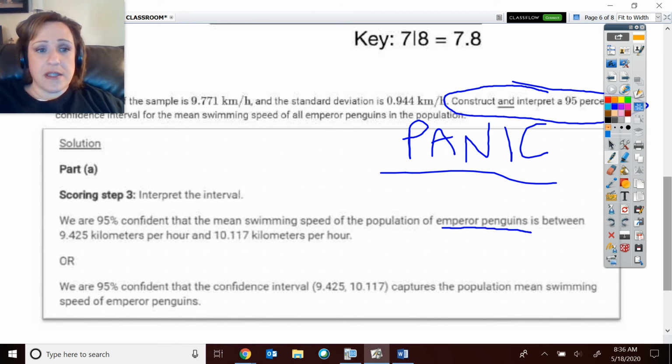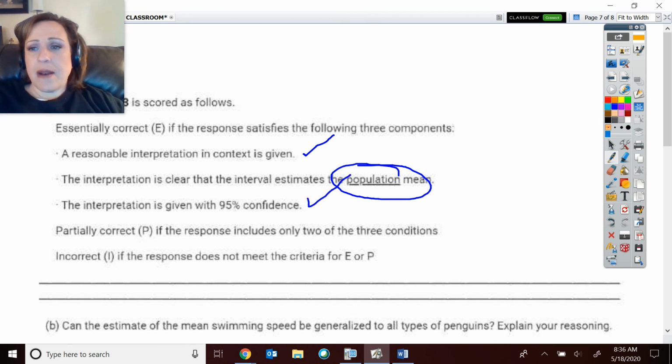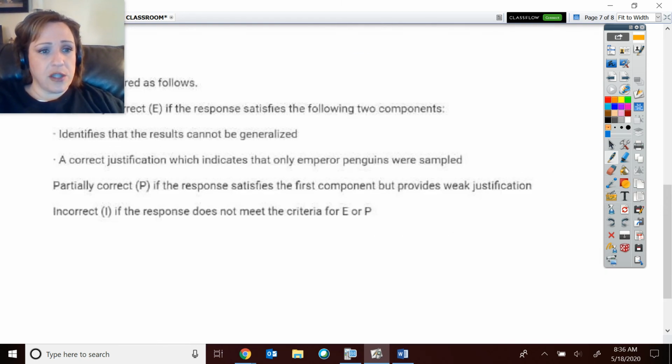I disagree with this scoring rubric because they say you had to have three components: context, conclusion, making sure it's about the population of all emperor penguins, and that you say it's 95% confident. So many things missing there. Okay, but I'm not going to go into that except to tell you that this is unusual, that these are the only things that they would look for. So panic it, not just do all they included.